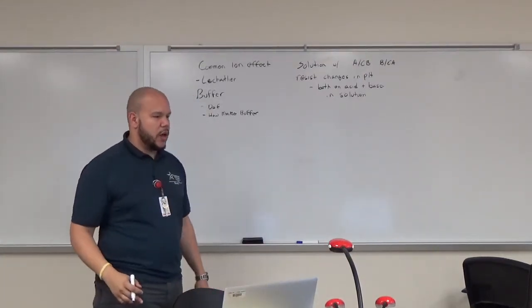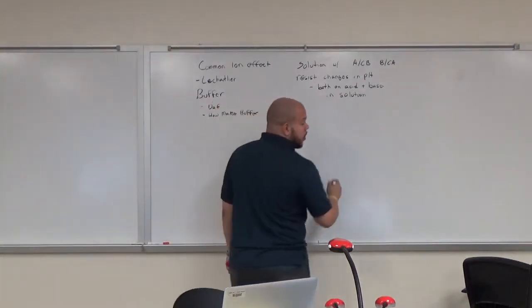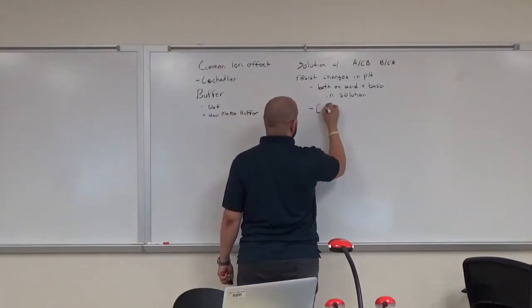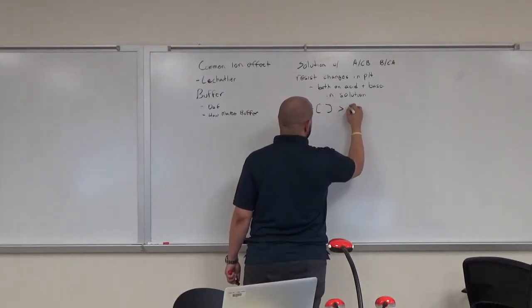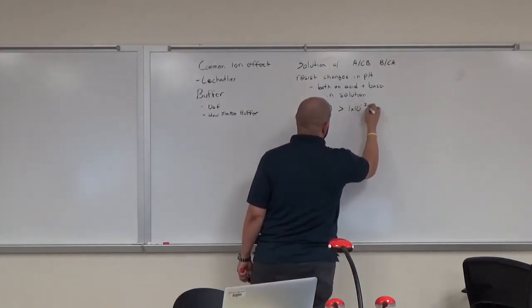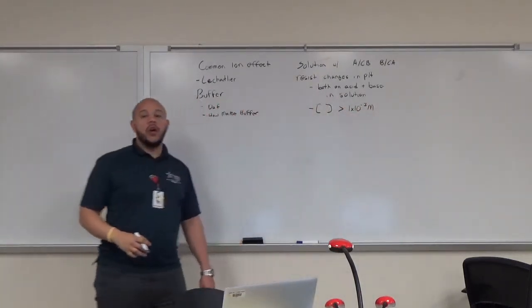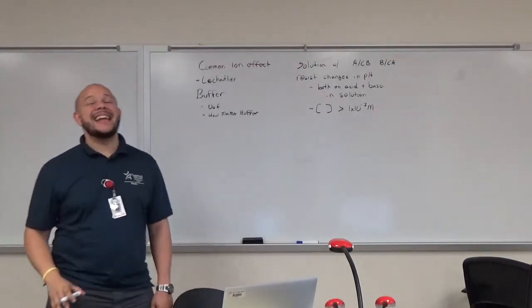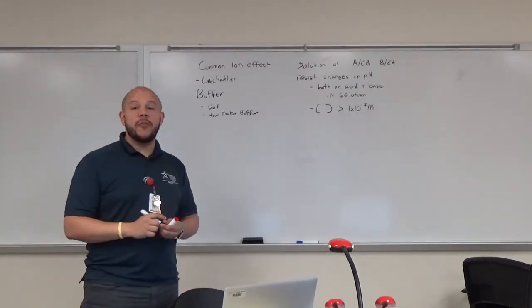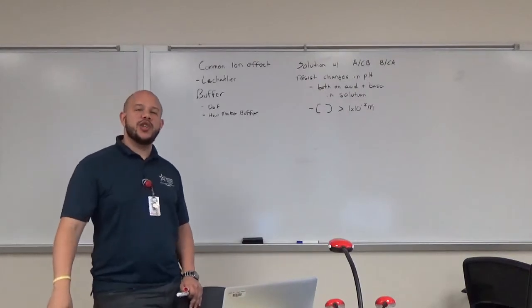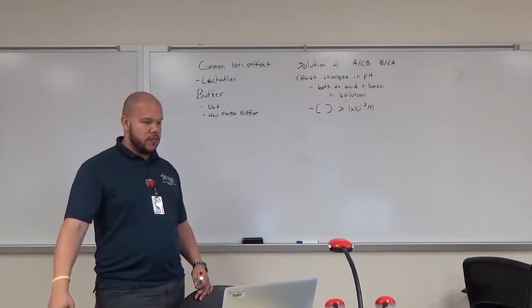Okay. Most of the time, they have concentrations that are greater than 1 times 10 to the negative 3 molar. So anything lower than that is not effectively a buffer because it cannot withstand very much change, because it's such a low concentration.